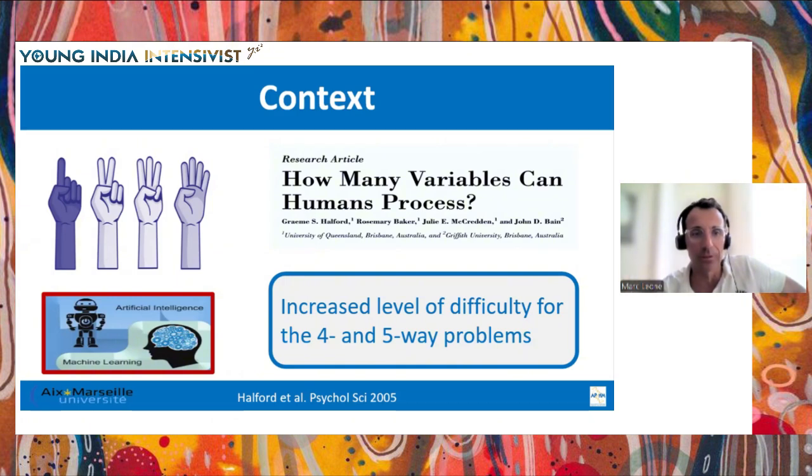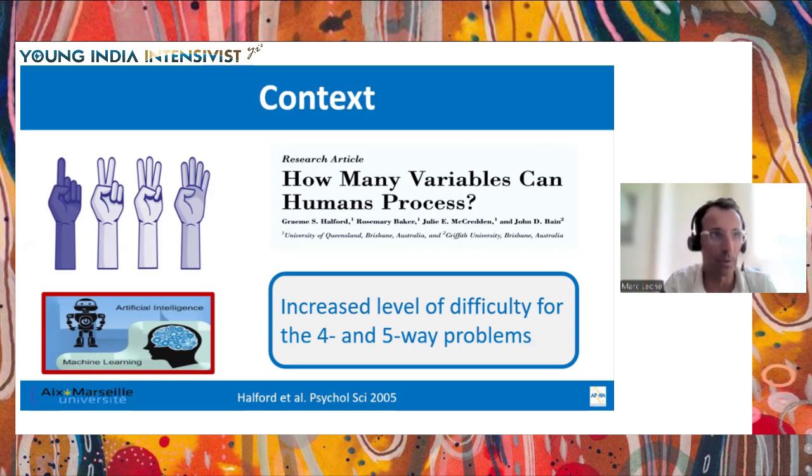4 or 5 variables, and in the electronic medical record you have a lot of information, but sometimes it's really difficult to find the discriminant information. And I think that for this, artificial intelligence, machine learning, and everything in this dimension can help in the future to find the relevant information, the discriminant information, and to avoid details which are not useful.